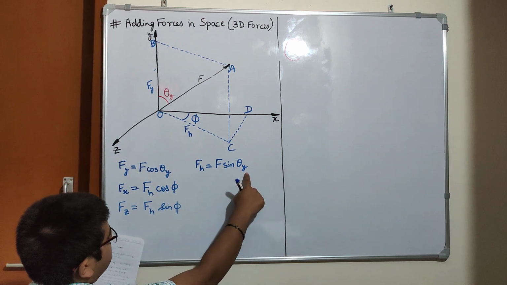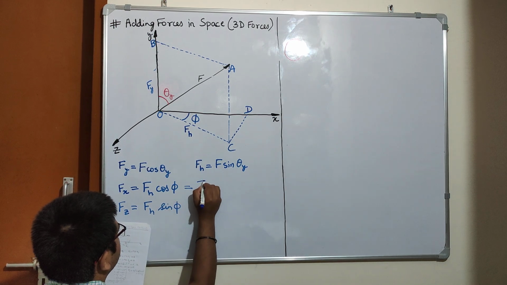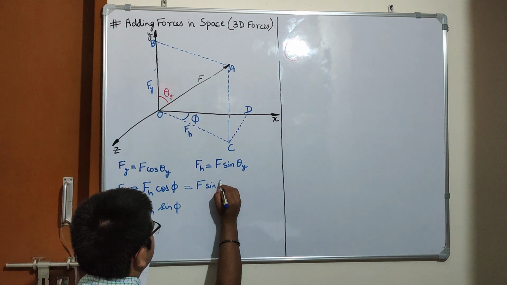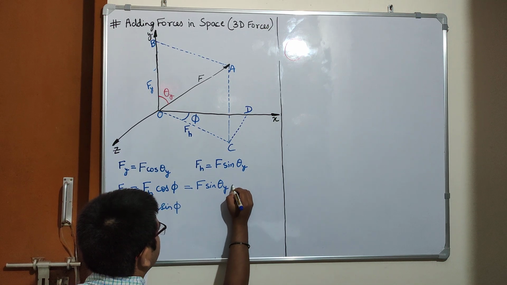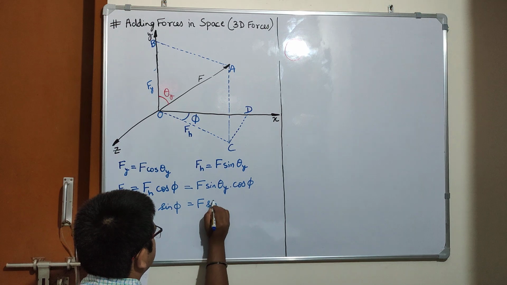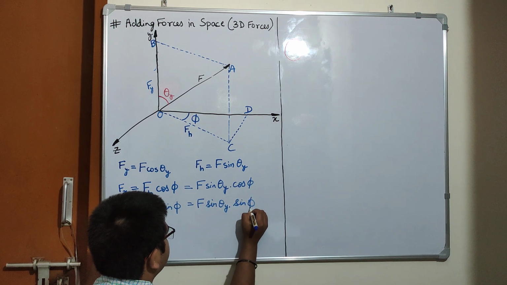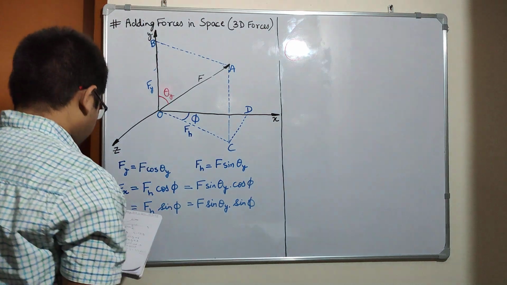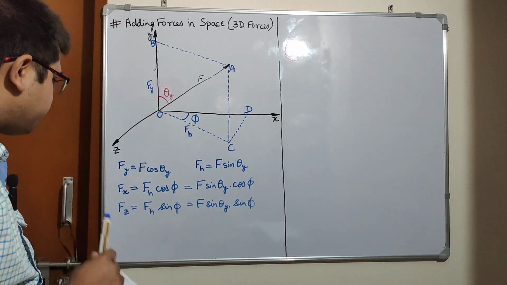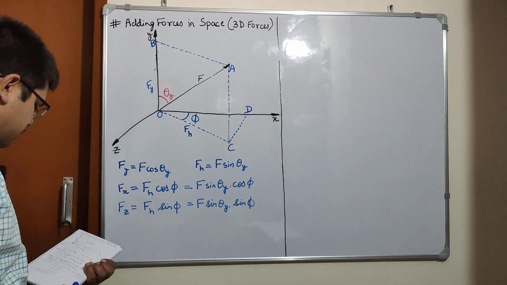Now what is Fh? Fh is F sin theta y. So Fx is F sin theta y into cos phi, and Fz is F sin theta y into sin phi. So that is it with Fx and Fz.